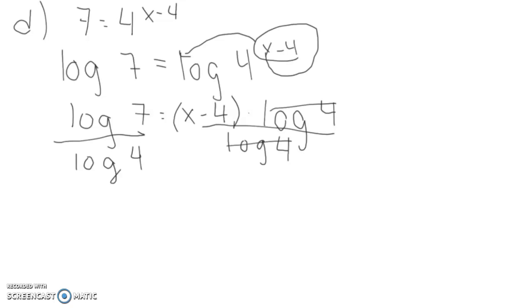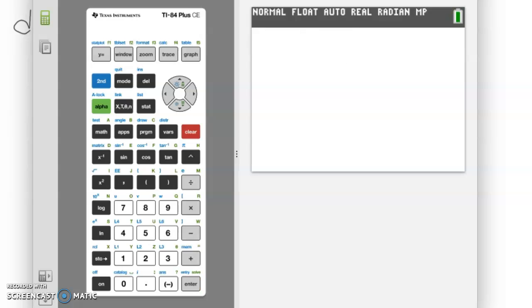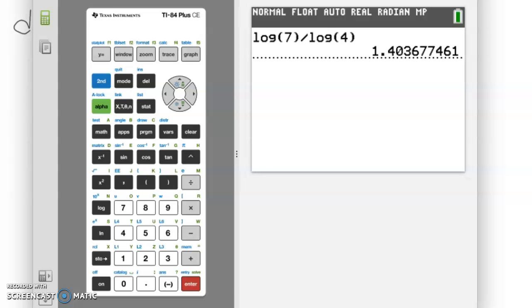So I'm going to see what log of 7 divided by log of 4 is first. So let's go to log of 7 divided by log of 4. And that looks like it is 1.40, and we would round that to 1.404.